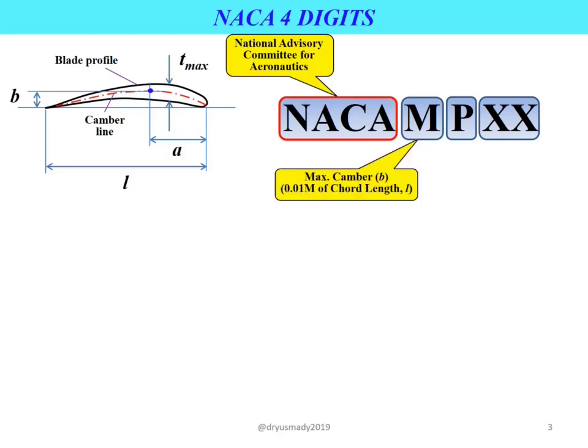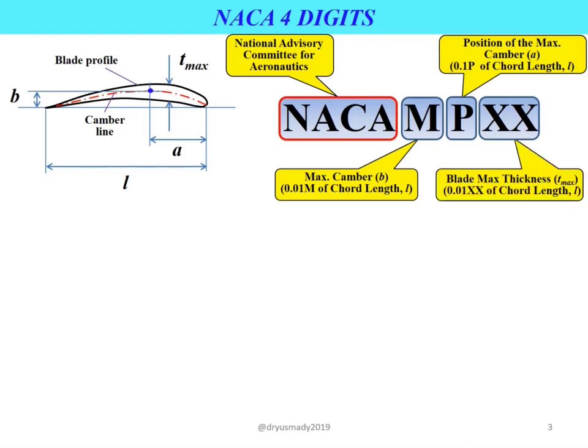The second term is the M code, which represents the maximum camber value, where B equals 0.01 M multiplied by L. The third term is the P code, which represents the position of the maximum camber A, where A equals 0.1 P multiplied by chord length.